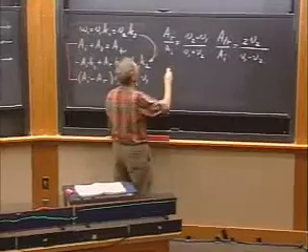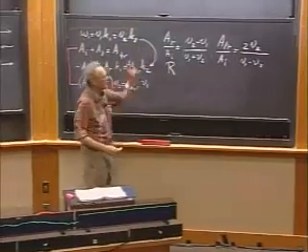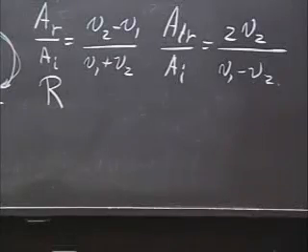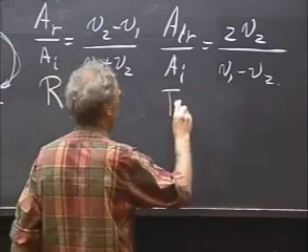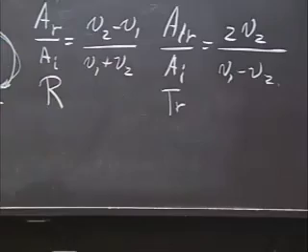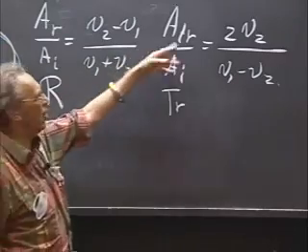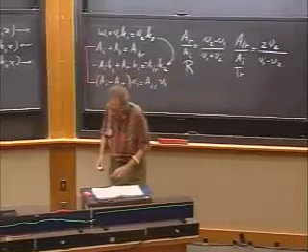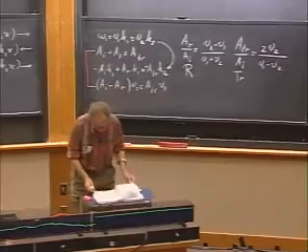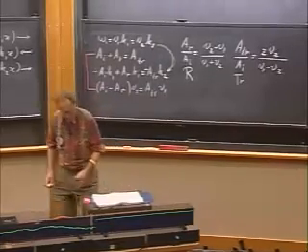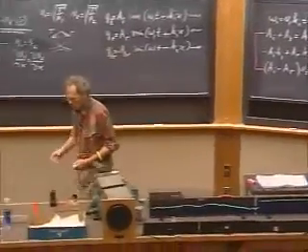Sometimes I call the first one, as shorthand notation, R, reflectivity, the ratio of amplitudes, and sometimes I call the second shorthand notation T, which is transmittivity, the ratio of the amplitude that penetrates the second medium divided by the one that came in. So that is just my shorthand notation.